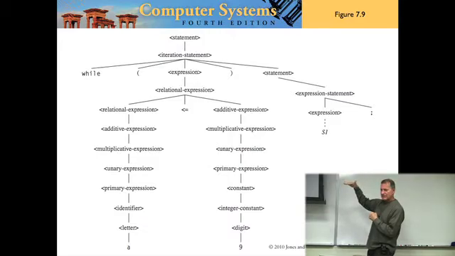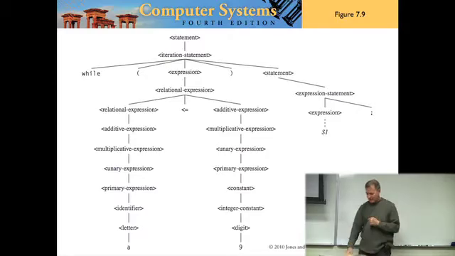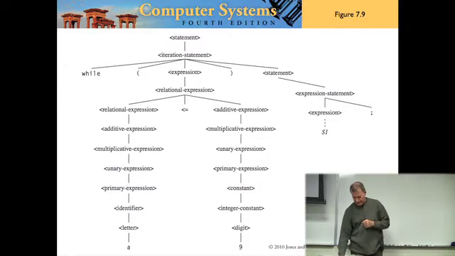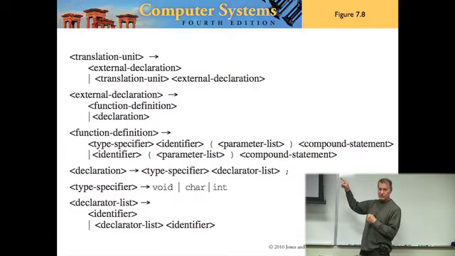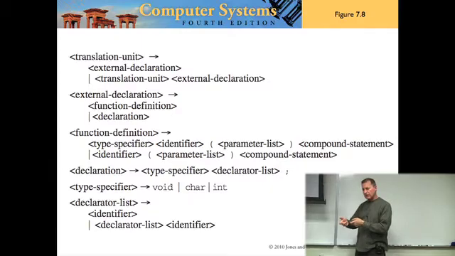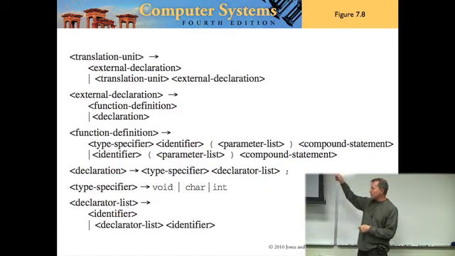The start symbol is one of the non-terminals. It's back here, the very first one here. The translation unit is the start symbol. So whenever you put your C++ program into the compiler, it parses your stream of characters from the translation unit start symbol. That's what it does.